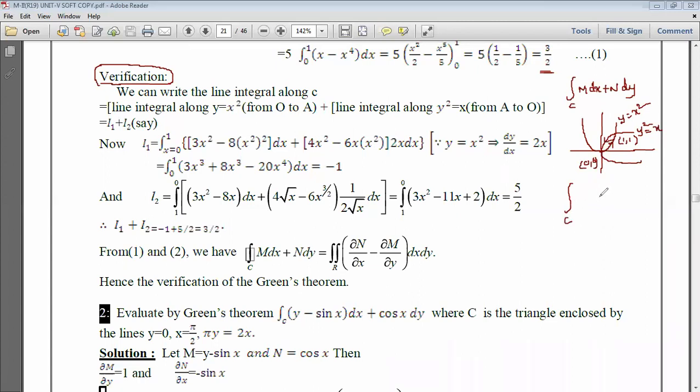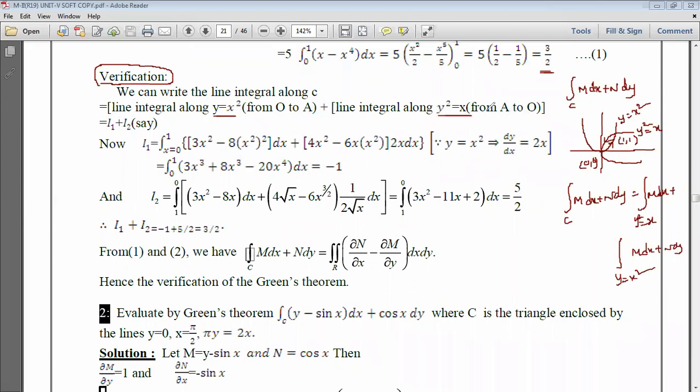The integral of M dx plus N dy over the curve C is equal to the integral of M dx plus N dy along y square is equal to x, plus the integral of M dx plus N dy along y is equal to x square. So these two we need to calculate. First the line integral along y is equal to x square, and next along y square is equal to x.